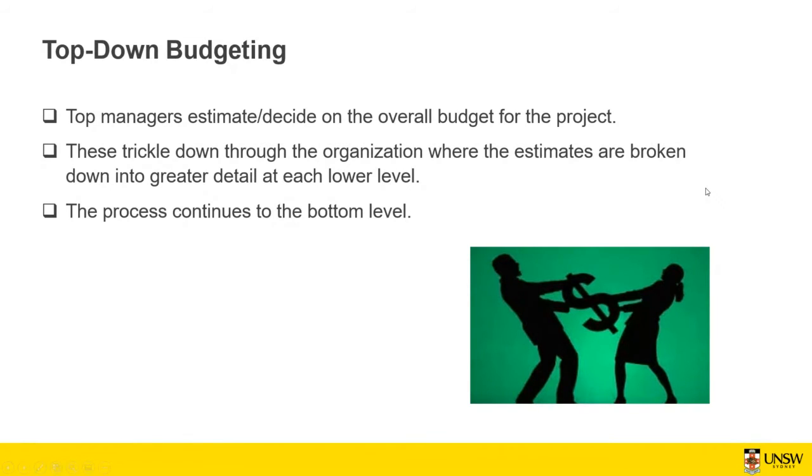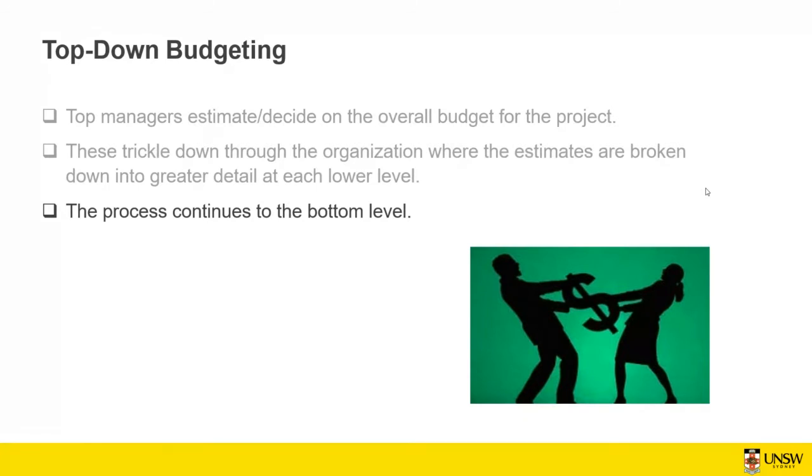So the top manager decides the overall budget, and then this trickles down through the organization, where the estimates are broken down into greater detail at each lower level. For each particular task or task summary, how much you are going to spend. And the process continues to the bottom level.